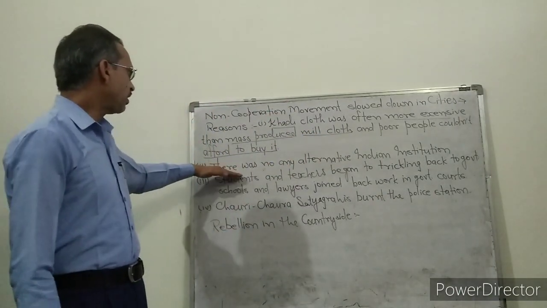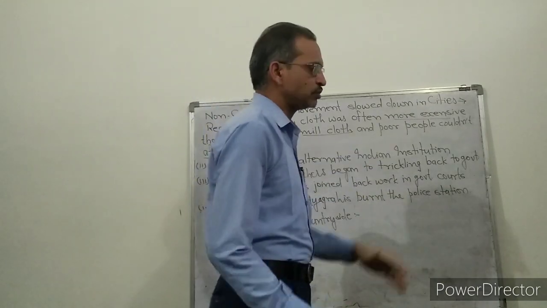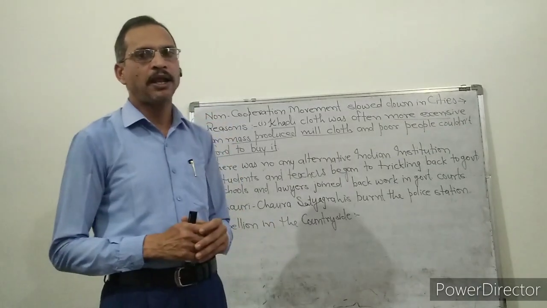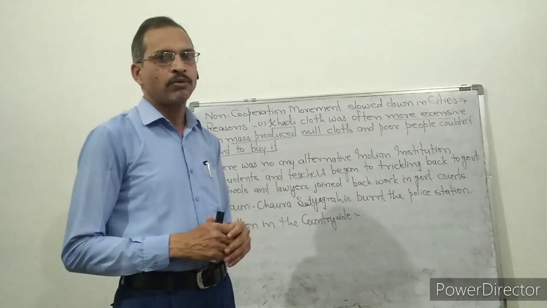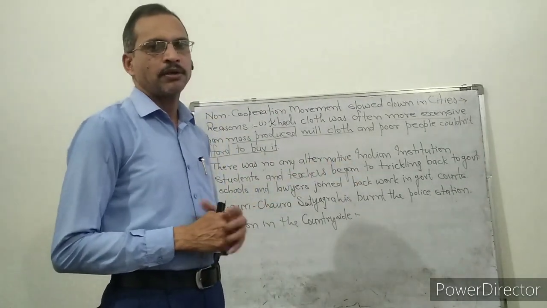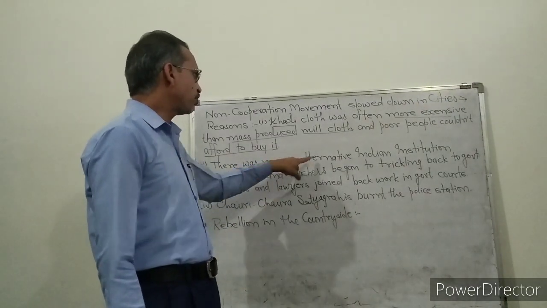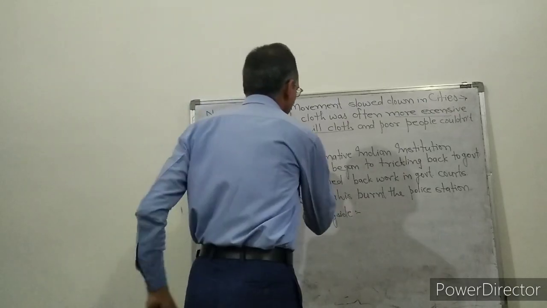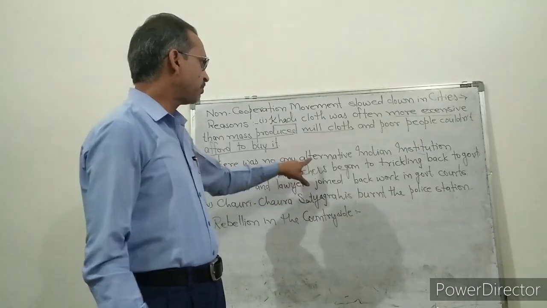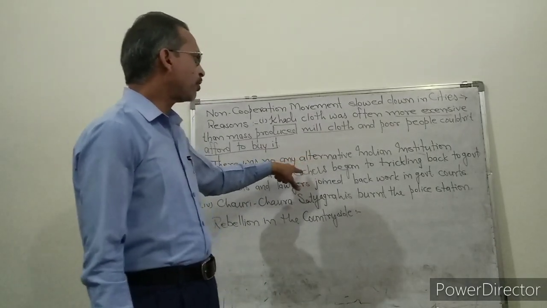Second reason, there were no alternative Indian institutions. Students left their schools and colleges, lawyers gave up their practices in British courts, but there was a problem. There was no alternative Indian institution because teachers and lawyers gave up their practices.